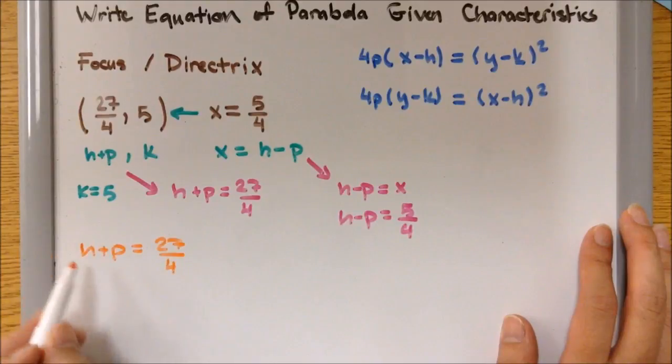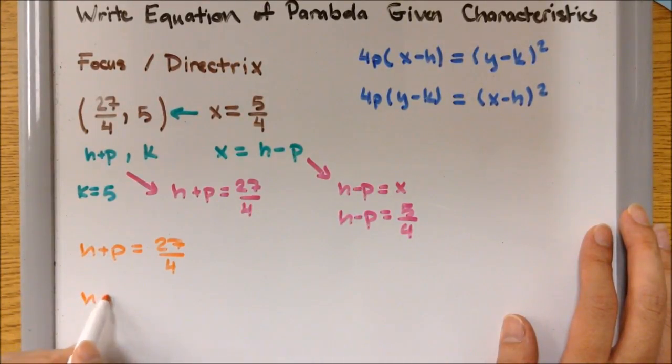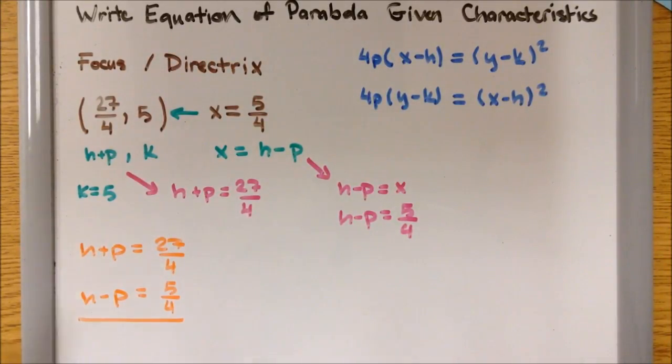And then I could put h minus p equal to 5/4. So what I'm going to do is use the method of elimination from Algebra 2, solving a system of equations.